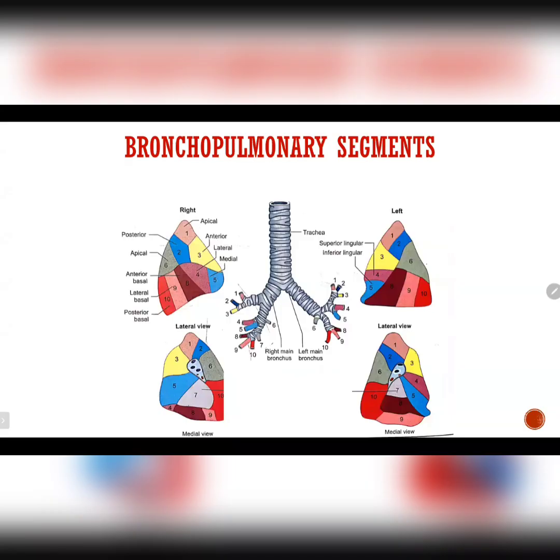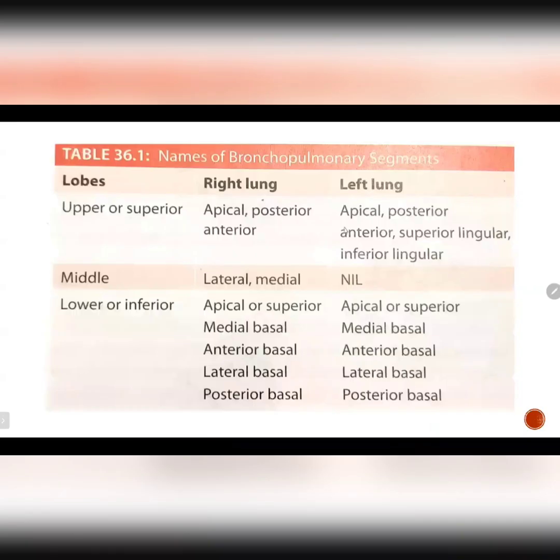Sometimes the apex will be pointed and we'll ask for the name of the bronchopulmonary segment at the apex. Yes, apical, or you should specify it as upper apical. Yes, apical is fine. Thank you, students, for your answers.